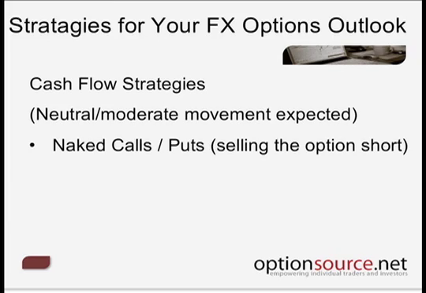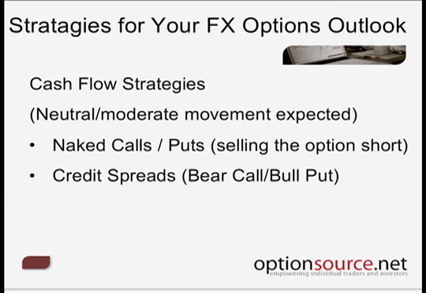We're going to look at creating that approach, and then mitigating some of the risk in selling these options by creating credit spreads such as a bear call spread or a bull put spread, and then taking it one step further and looking at establishing an iron condor, which is ultimately a combination of two credit spreads.